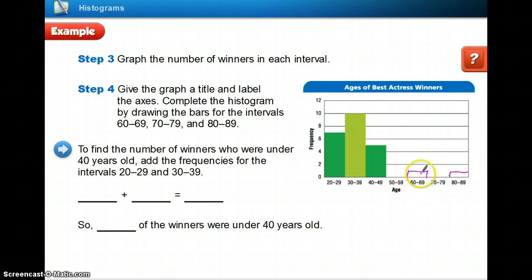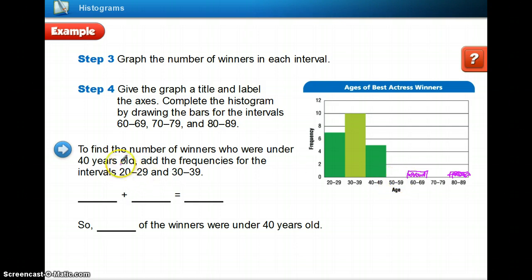So there's our graph, and I'll shade it in here just a little bit. I'm sure there's an easier way to do that. They already did these for you. There's 7, so we went up to 7, and we want to put these again so there's no space in between our bars. There were 10 people from 30 to 39, so we go all the way up to 10. 5 from 40 to 49. 0, so that's why there's a gap there.